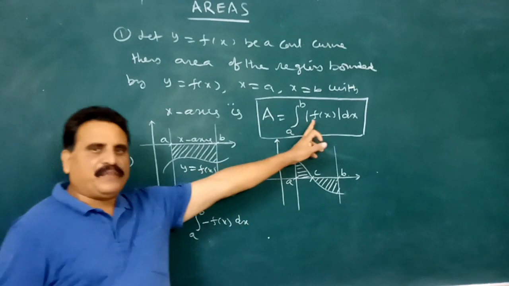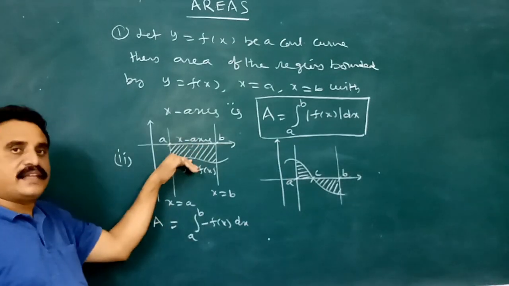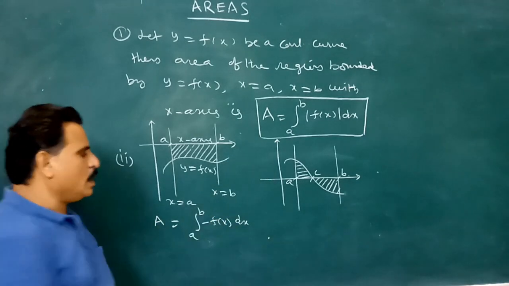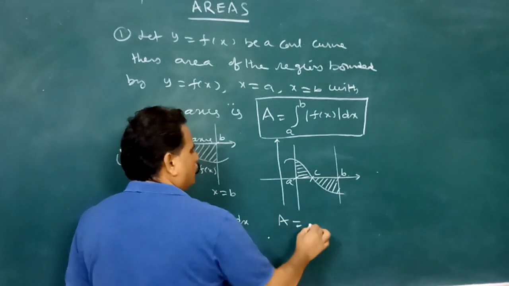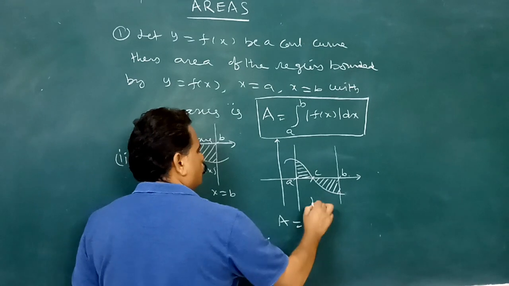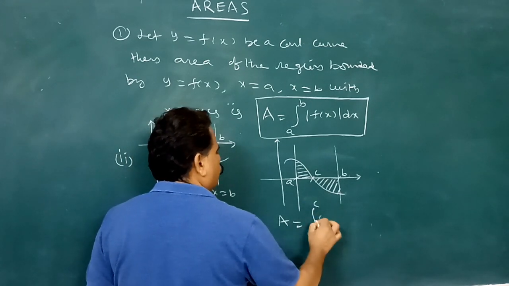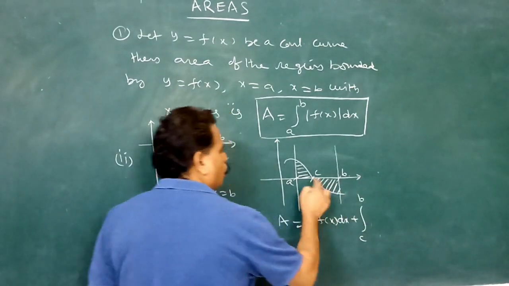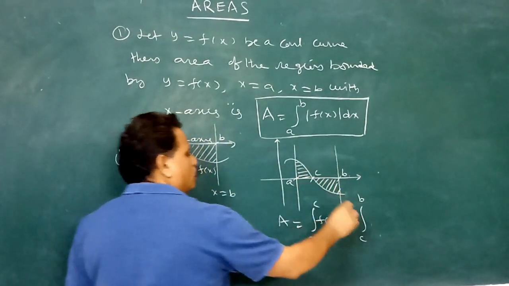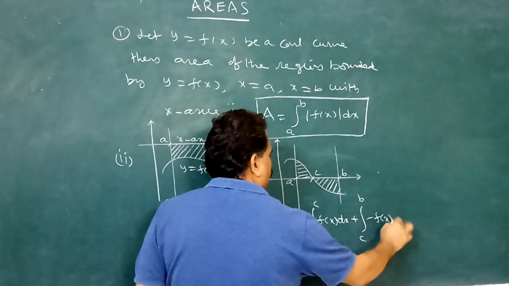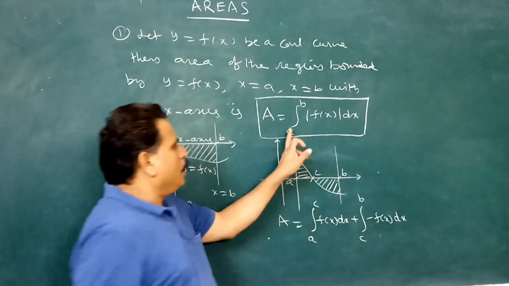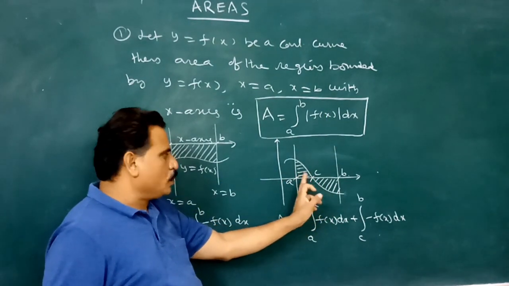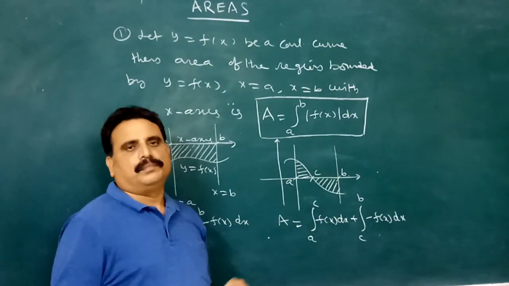In the third case, area equals a to c positive, so integral f of x dx, plus c to b negative, that is below the x-axis, so minus f of x dx. That is a to b mod f of x. It cuts at c: a to c, c to b.